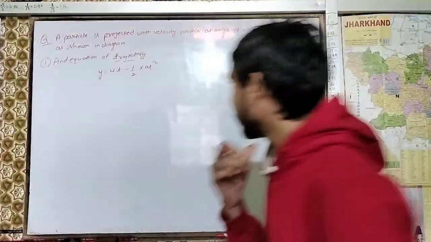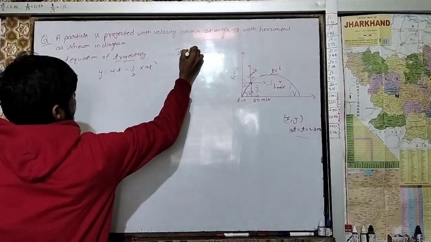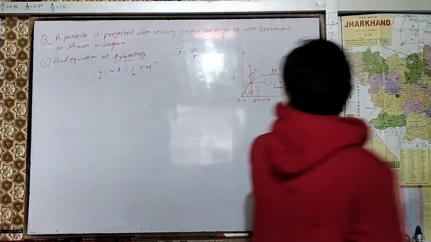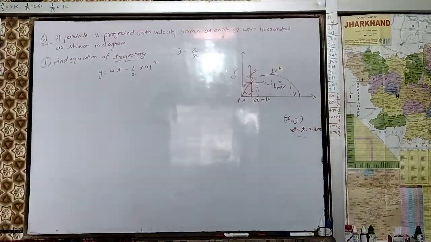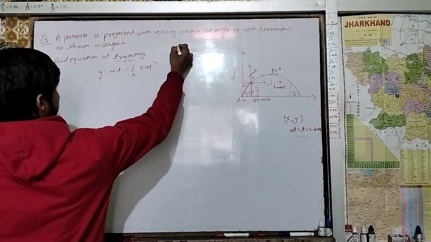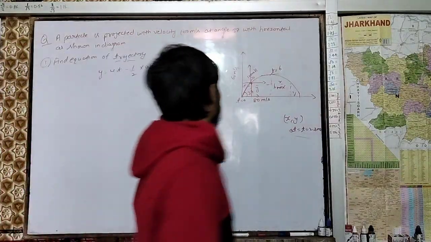So t is over here. How much is t? t is going to be x upon 80. t is our x upon 80. When we put this t equal to x upon 80, we will get y.